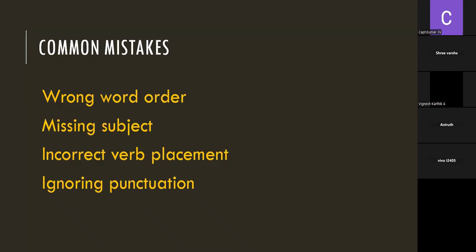And now, common vocabulary mistakes. That is, avoid wrong usage of words. Students often confuse similar words. For example, there and their, which means both pronunciations are the same, but the spelling is different.